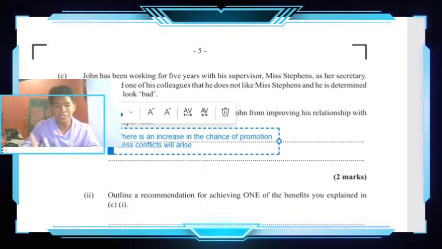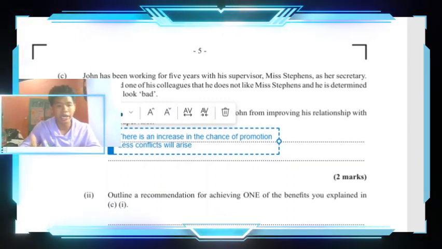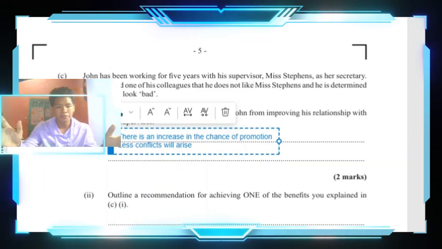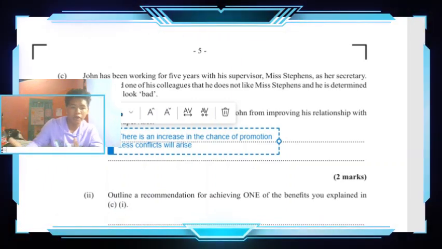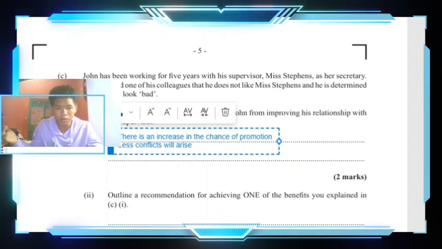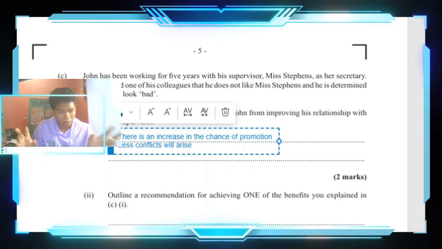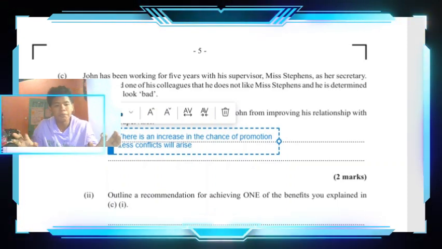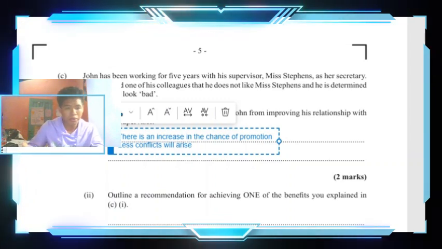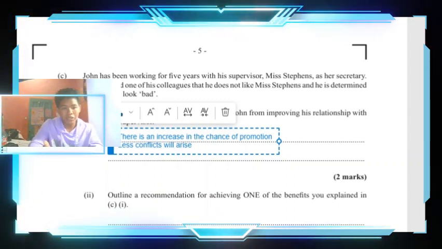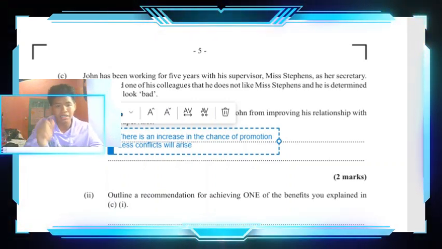And the supervisor is there to make sure that you're doing your work to the highest standard possible. You cannot be perfect in everything, and your supervisor will tell you, yes, you need to do it this way, and you have a little conflict. And when you are a good communicator, when you have a good relationship with them, there will be less conflict. Not that there will permanently not be conflict, it's just that there will be less conflict.